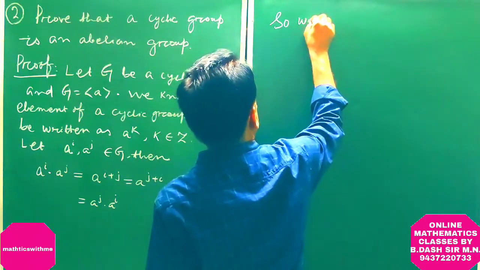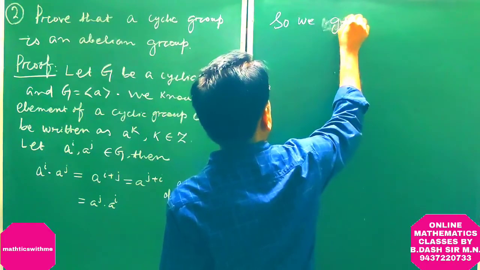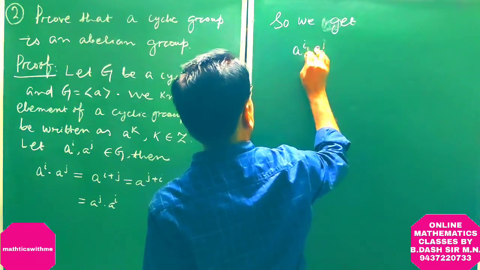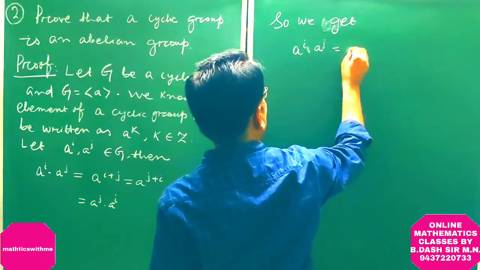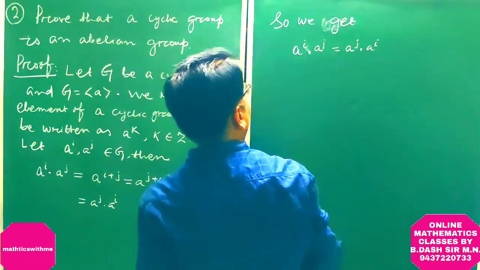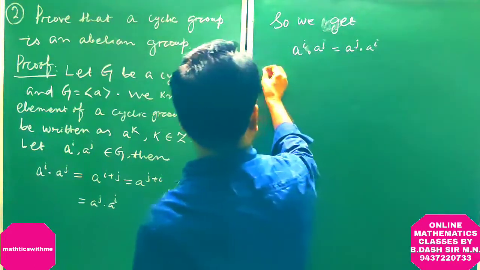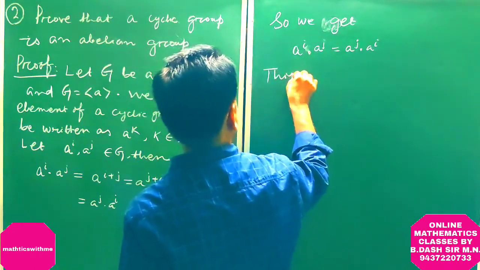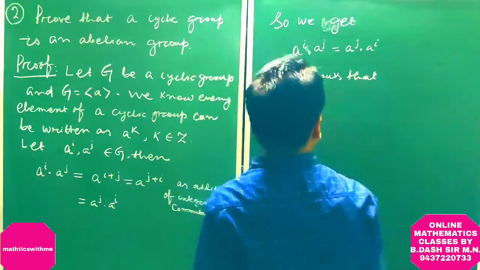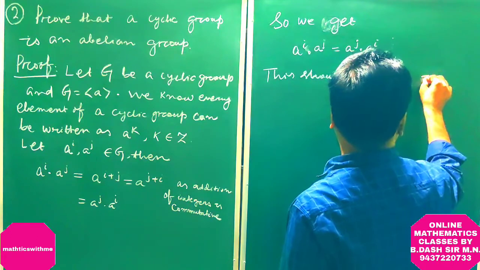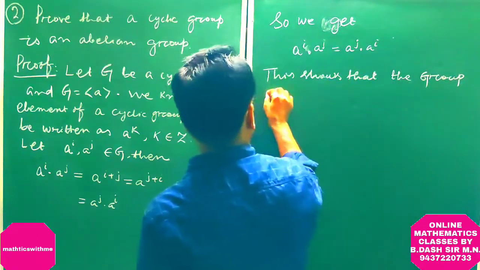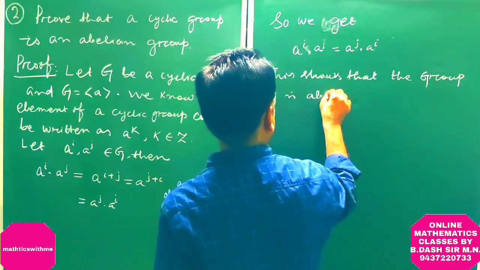So we get a to the power i into a to the power j is equal to a to the power j into a to the power i. This shows that the group G is abelian.